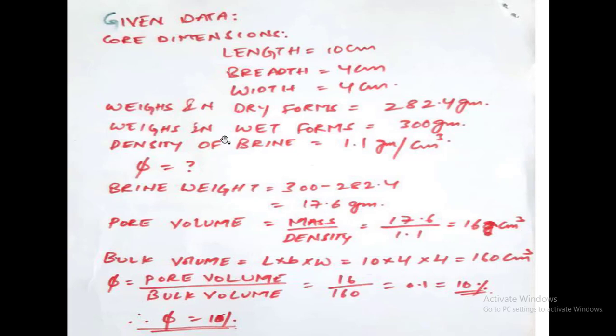So here I am saturating the core sample with the brine. For calculating pore volume, I should also have the density of the brine, which is 1.1 gram per centimeter cube, right? And you might have seen in my previous videos, this is actually the same example that I explained in the previous video. So not to worry, I will mention in the description the links of my previous videos related to porosity, so you can understand it in a better way over there.